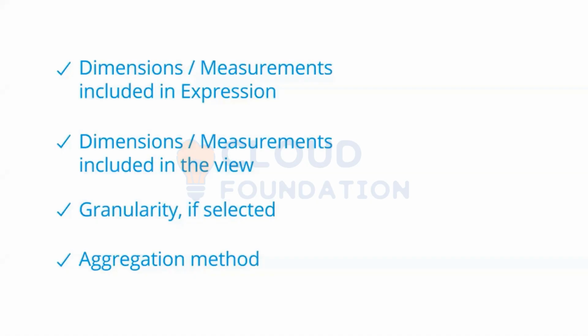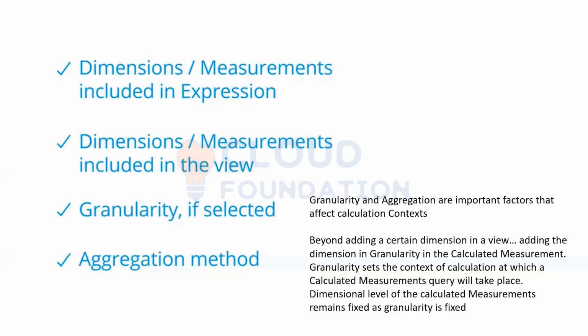Granularity and aggregation are very, very important parts of a calculated measurement. Granularity, by adding a certain dimension in a view or adding the dimension in granularity in the calculated measurement, sets the context for calculation at which the calculated measurement's query will take place.